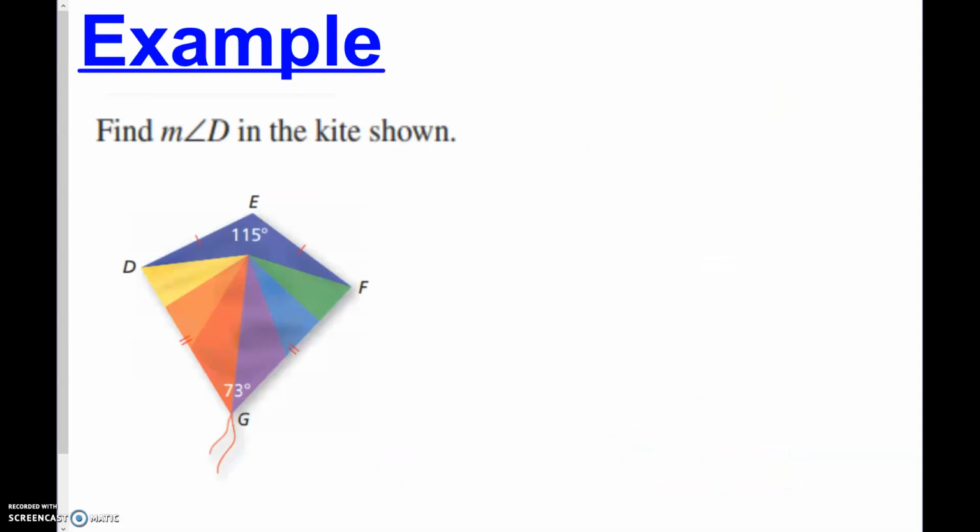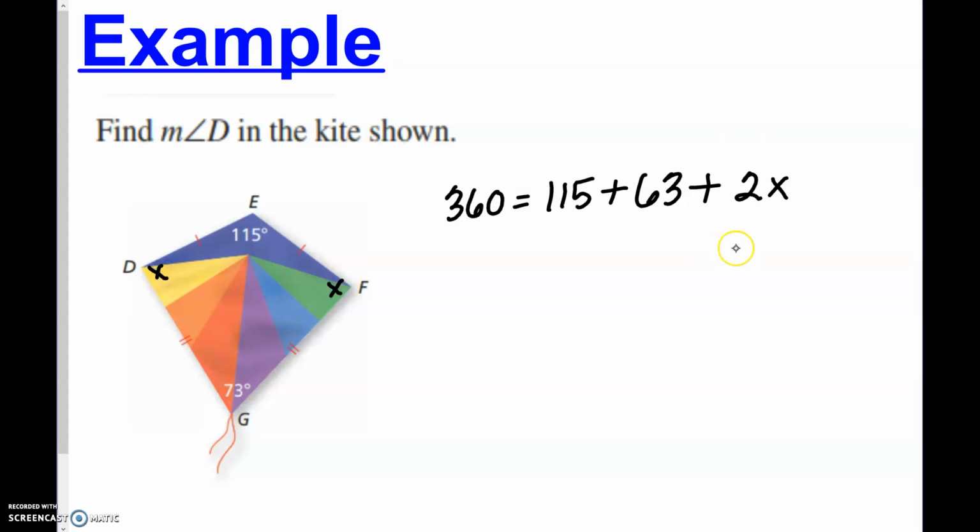So find angle D. Well, since there's one pair of opposite congruent angles, and we know it's a quadrilateral, we know it's going to add up to 360. So 115 plus 63 plus D and F are congruent, so I can call this x and this x, and the two of them together are 2x.